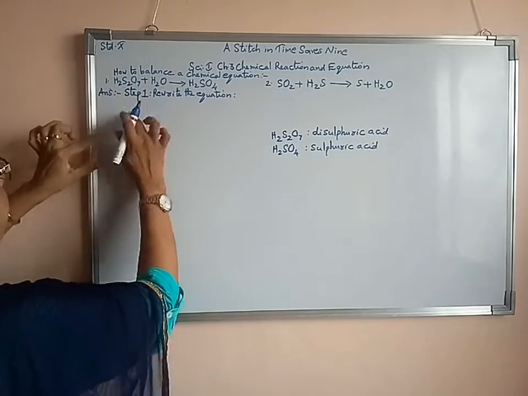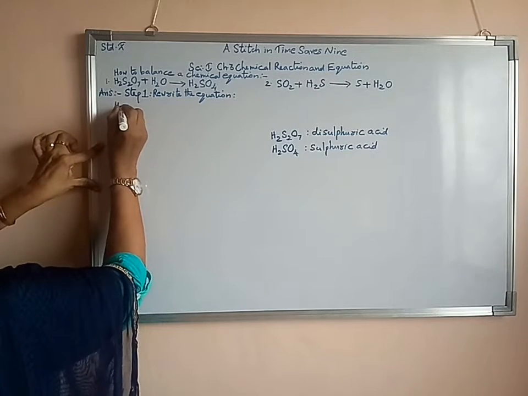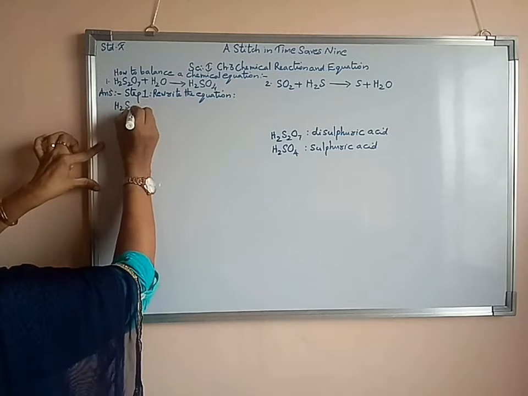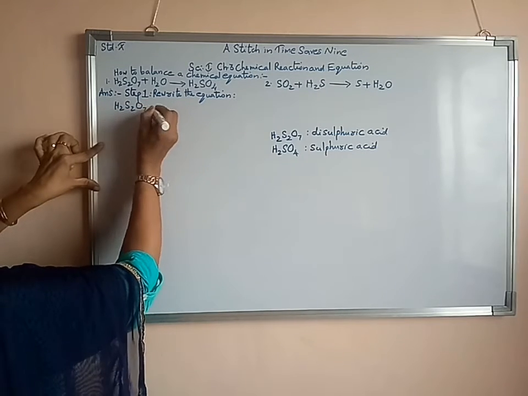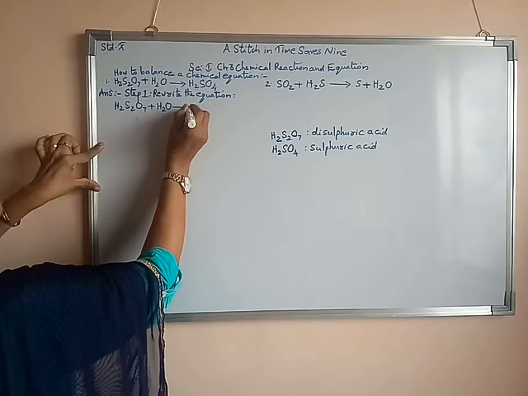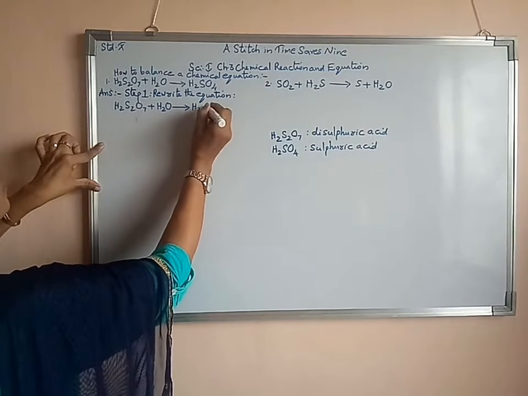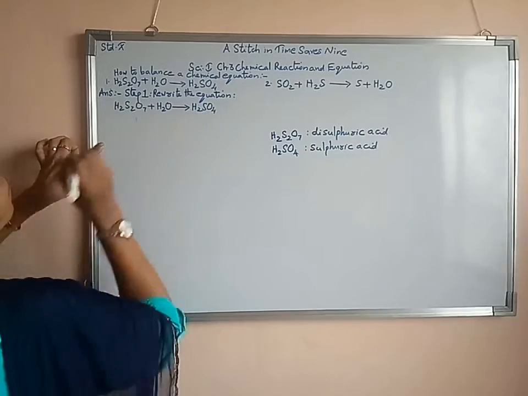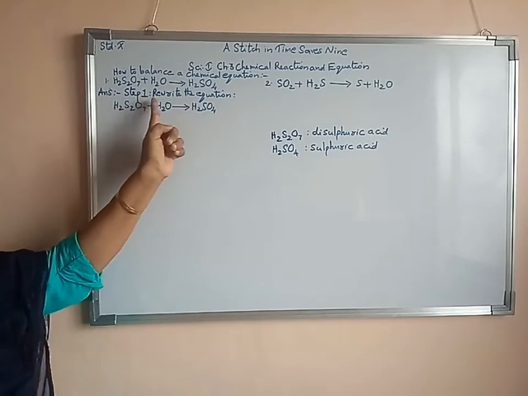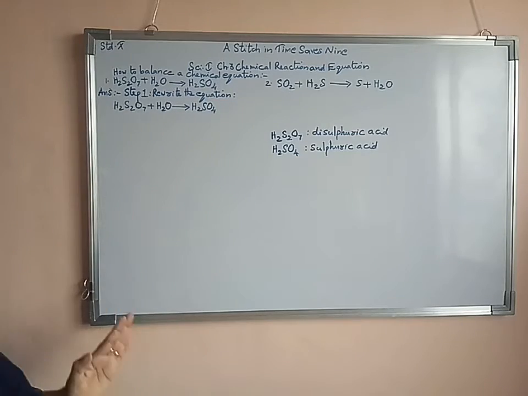So the same question I am copying now. That is H2S2O7 plus H2O gives rise to H2SO4. Same question I copied. That is step 1, rewrite the equation.